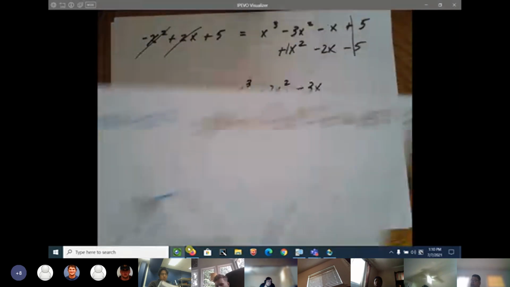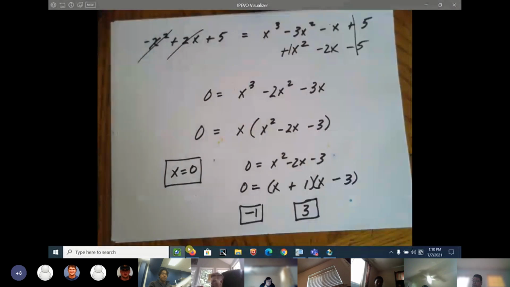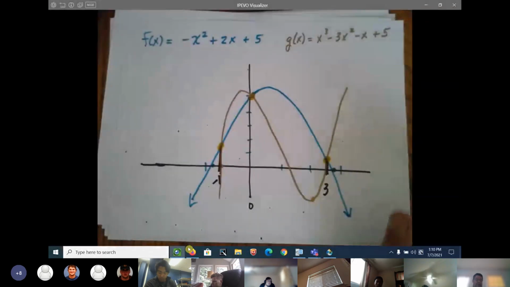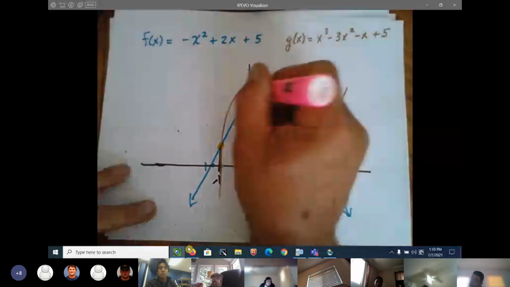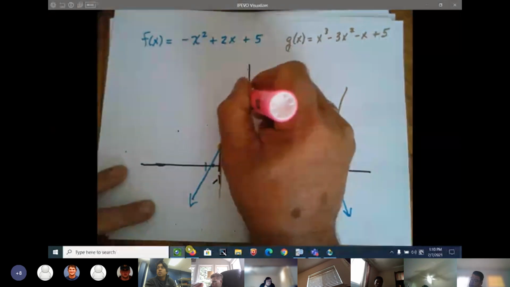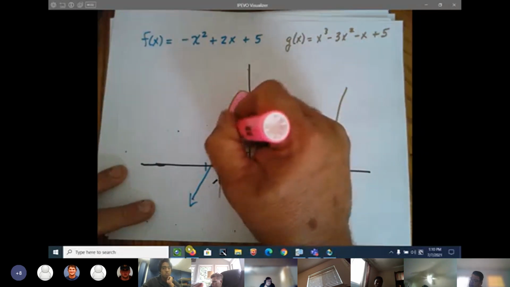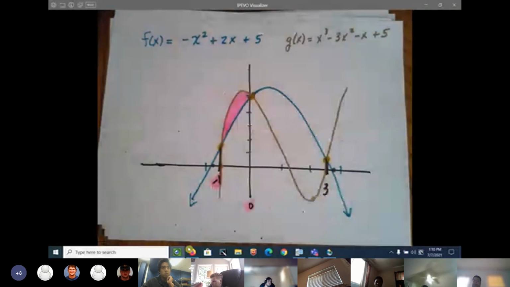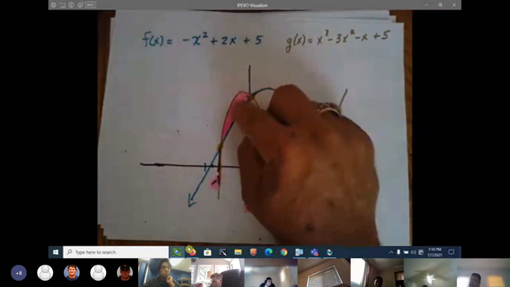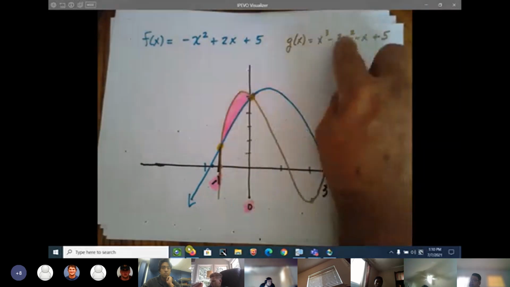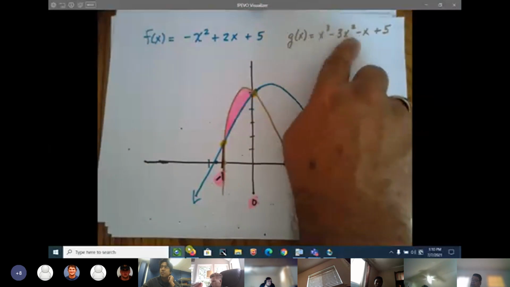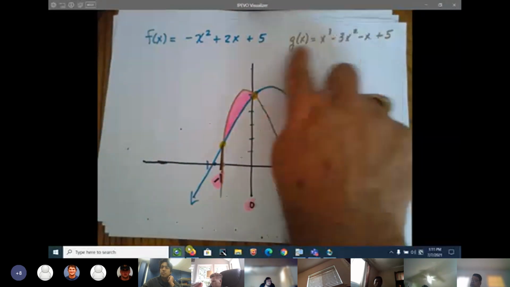So I'm going to set it up for you. So the area right here is going to be from negative 1 to 0. And since this area has this on top, we're going to subtract this from this because this, this pink area, is the dominant.